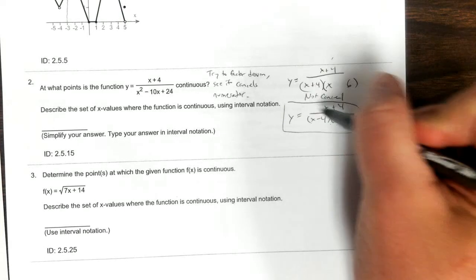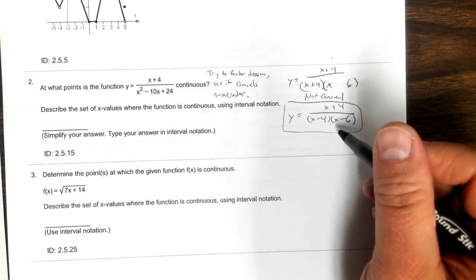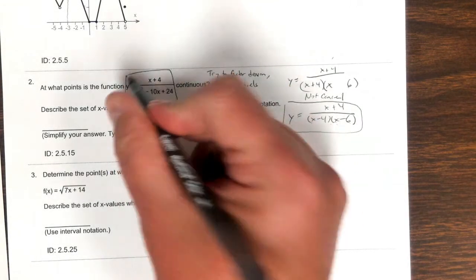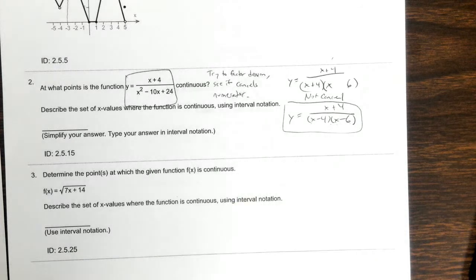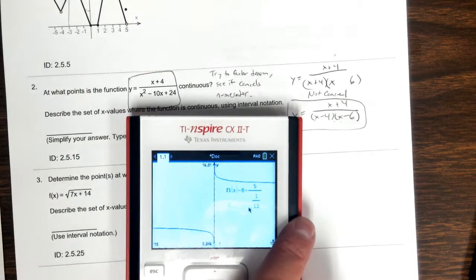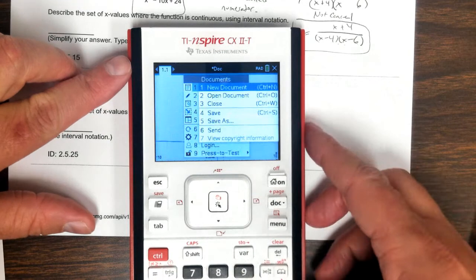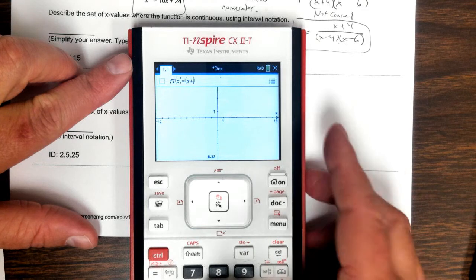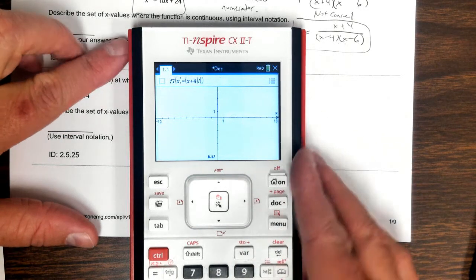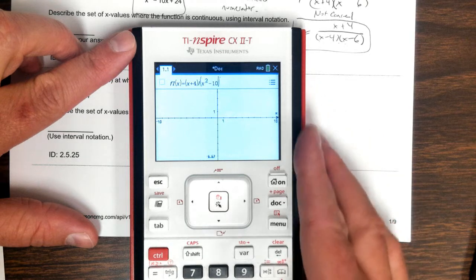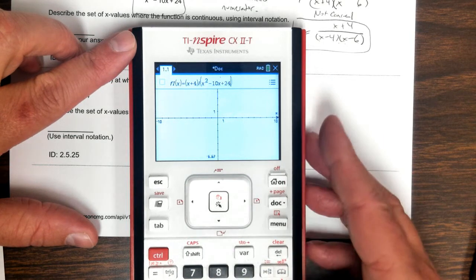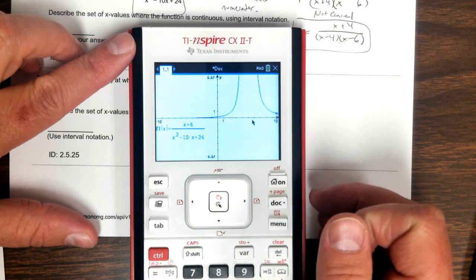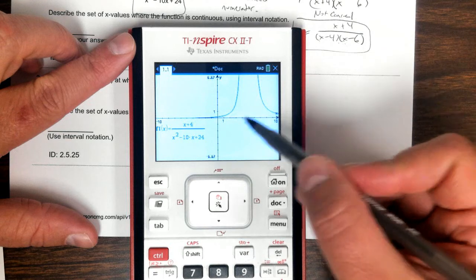So this part. Now what we're going to do is graph it, and you can either graph this one or this one. By the way, if they match, then you know you factored right. So in this case, we want x plus 4 over x squared minus 10x plus 24. Okay, there's the graph. You may want to do zoom fit because we're not really clear about what's happening between here.